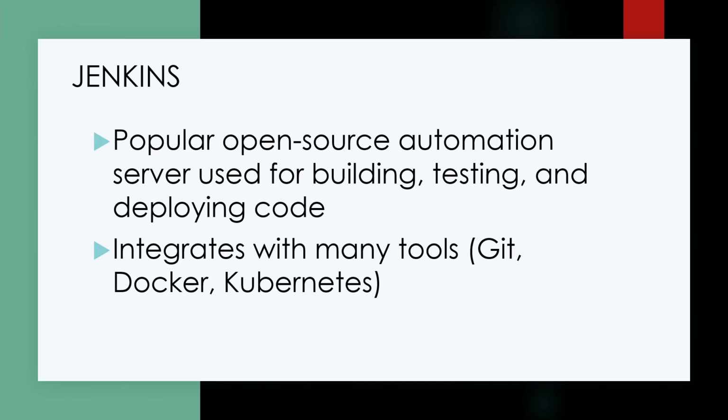Then there's Jenkins. This is open source automation server software for building, testing, and deploying your code. As you might guess, since Jenkins is for our developers, it's going to integrate with many of the tools that we have discussed, like Git and Docker.